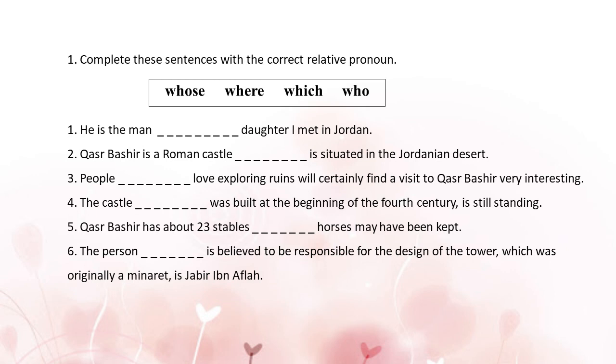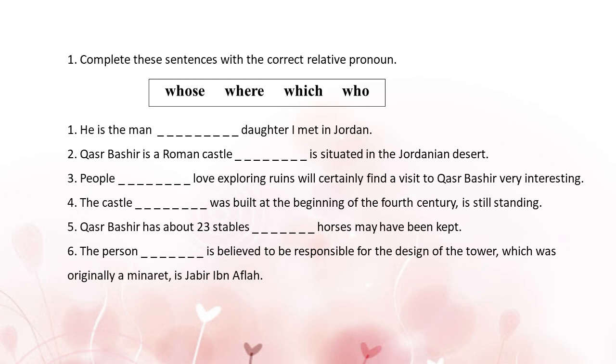Who, for people in object position or subject position, because we said that who can be used instead of whom. So first of all, you should read the sentence, identify the thing or the animal or the noun or the place or the time that you are talking about, then decide which relative pronoun you should put.